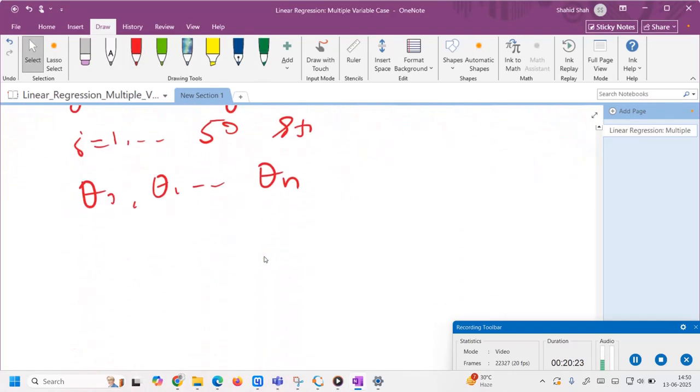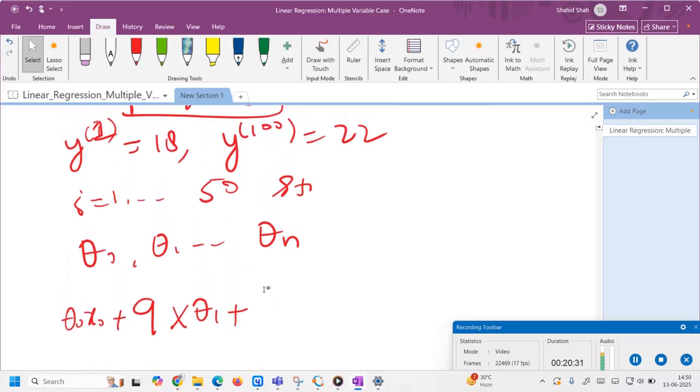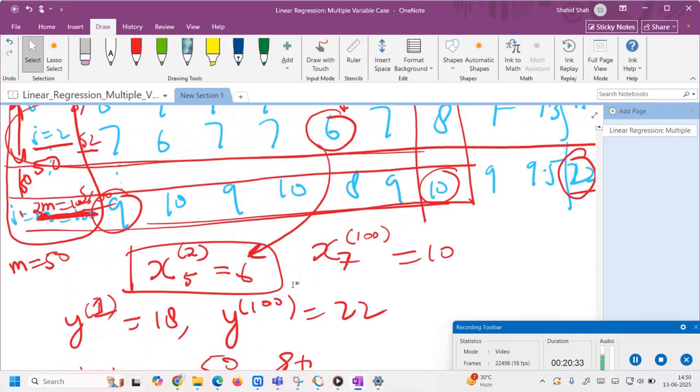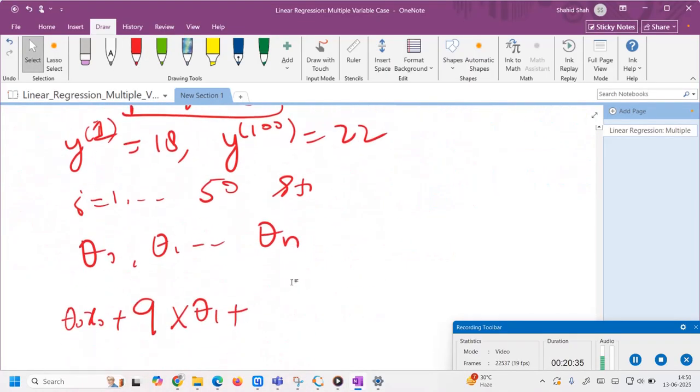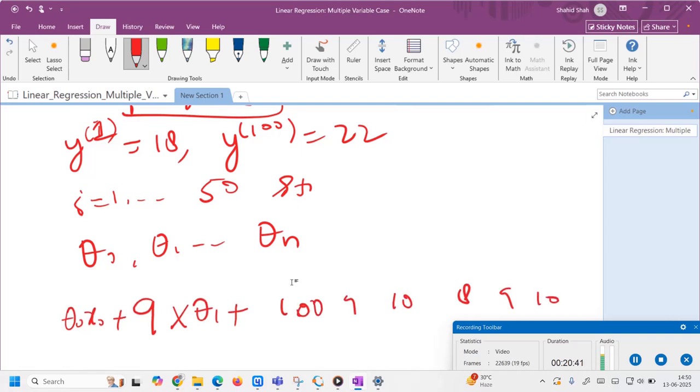So it will be like this: theta 0 x 0 plus 9 into theta 1 plus 10 into theta 2 plus 9 into theta 3 plus 10 into theta 4 plus 8 into theta 5 plus 9 into theta 6 plus this is theta 7.